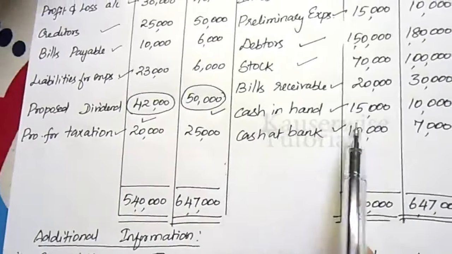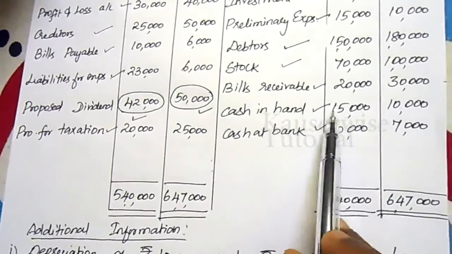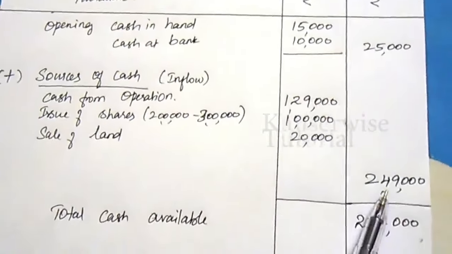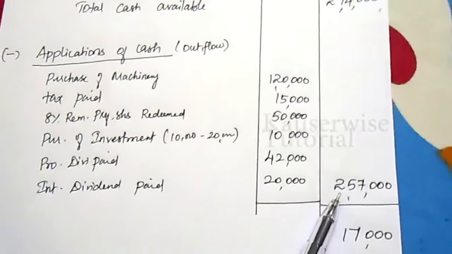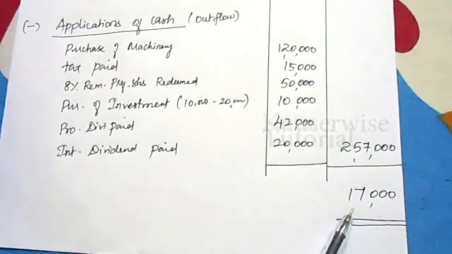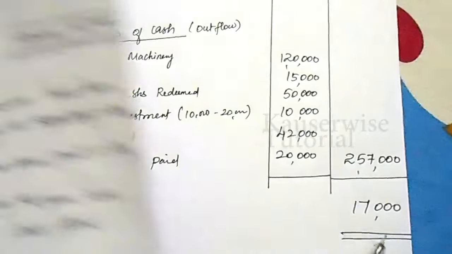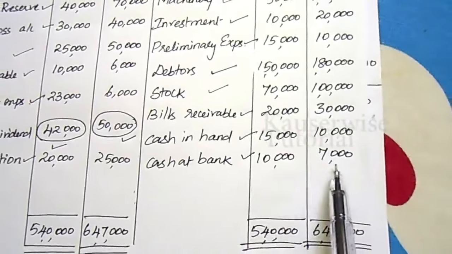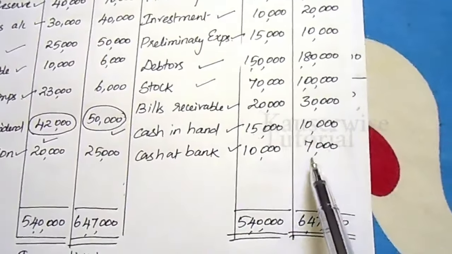We have started with opening cash in hand and cash at bank. 15,000 and 10,000. 25,000. We have added total inflow and we have subtracted total outflow. So now we have got the closing cash in hand and cash at bank. Look at the problem. Closing cash in hand 10,000. Closing cash at bank 7,000. Total 17,000.